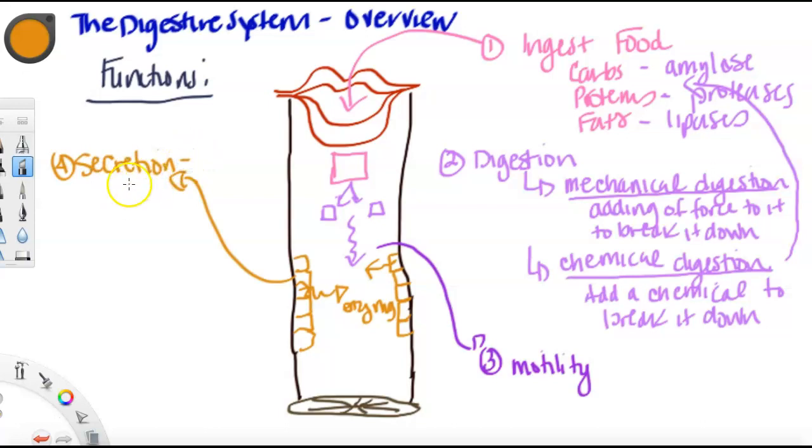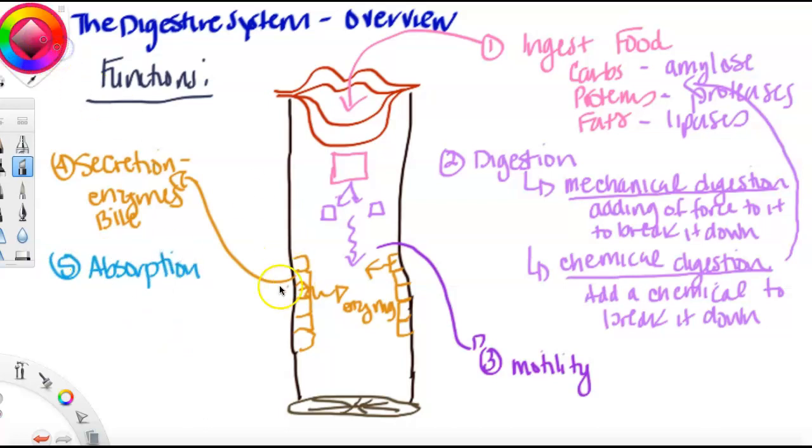So these are secretion of the chemicals or enzymes. Enzymes, bile, things like that that help us to break down the food so that the next thing can happen, which would be absorption. We have to absorb this stuff into the blood.